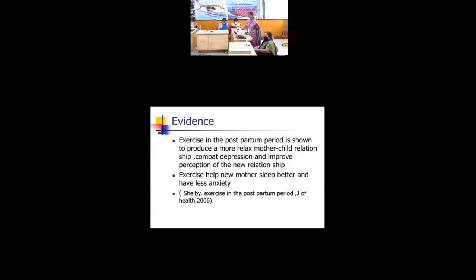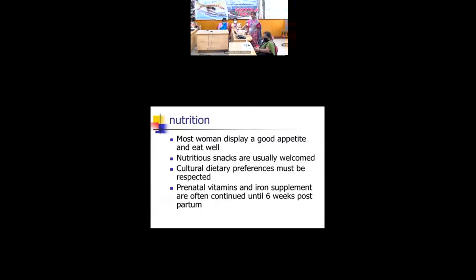So this is most important for the postnatal mother. Not only this, there is contraction, muscle tone, and maintaining posture, which are also important for the postnatal mother.